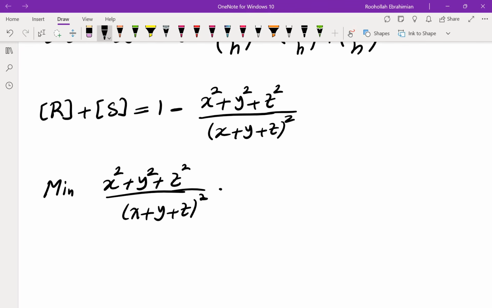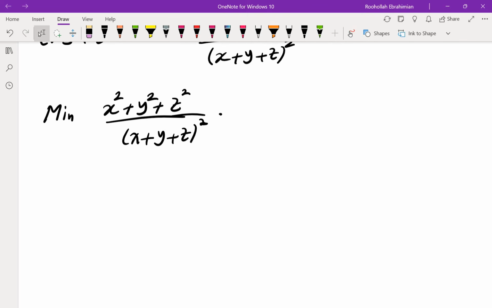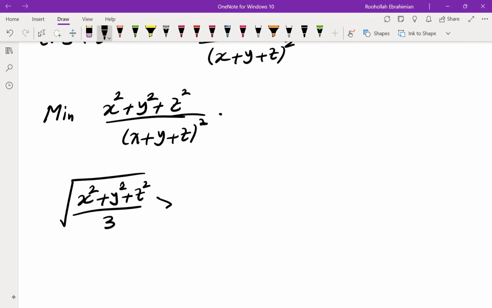So we could use one of these inequalities. It's called the arithmetic mean, square root mean inequality. The square root of (x squared plus y squared plus z squared) over 3 is greater than or equal to (x plus y plus z) over 3. We are going to square both sides.